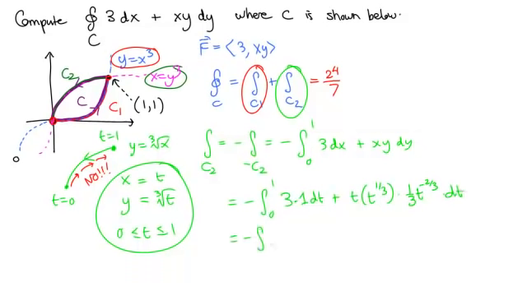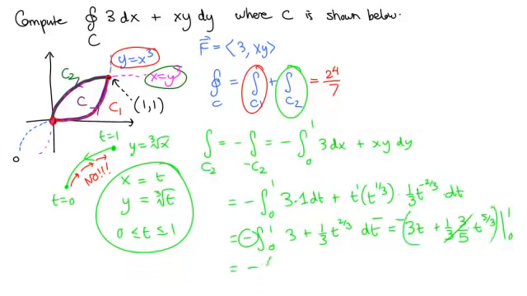So if I pull out the dt's, we're going to have 3 plus 1/3 times t to the first times t to the 1/3 times t to the minus 2/3, which is t to the 2/3 power dt. Anti-differentiating that will get us 3t plus 1/3 times t to the 5/3 times the power of 3/5, or 1/5 t to the 5/3 power, evaluated from 0 to 1, and I can't forget that there's the negative out in front right here.